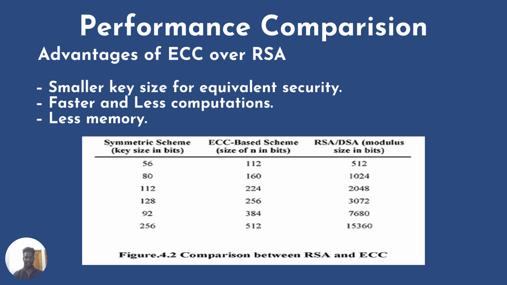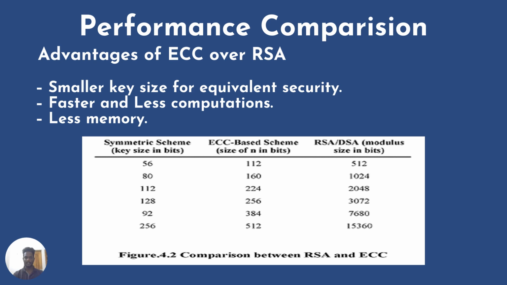And when we take 80 bit size, ECC requires only 160, which is 80 into 2. But in RSA and DSA, the bit size is 1024. Another example, 92 into 2 is 384.